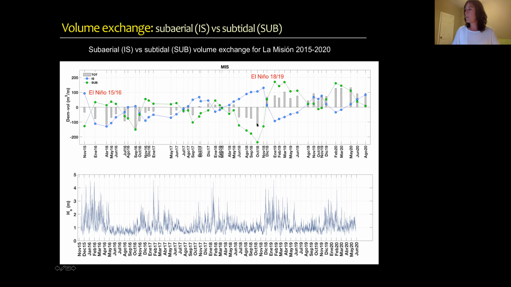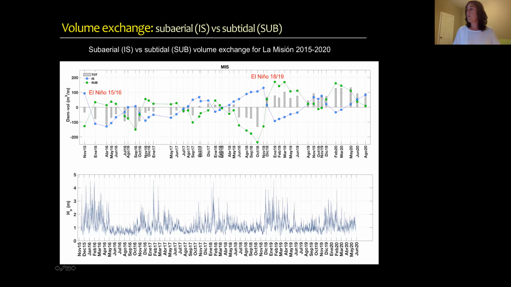Between October 18 and December 18, we see a large input of sediment, and similar things also in other years, for example, between September 16 and let's say December 16, we also see an increase of total beach volume. So these are just questions that I am picking up and trying to understand.